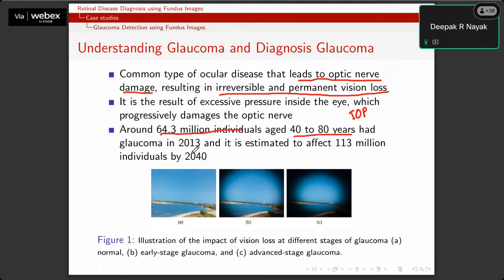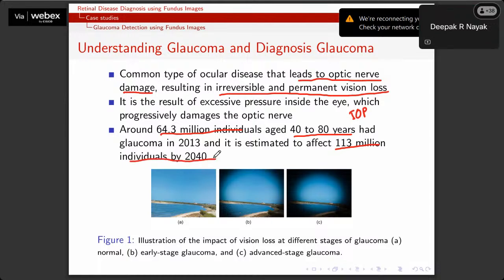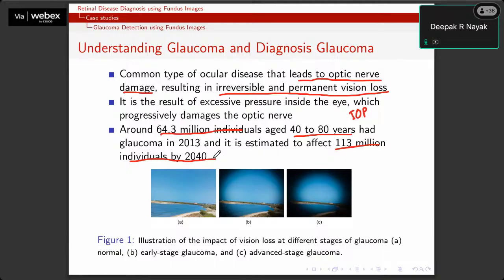In 2012, the statistic says that around 60 million, and by 2040 it will be even higher. It's really a high number. Now let us also look at the impact of vision loss at the different stages of glaucoma.